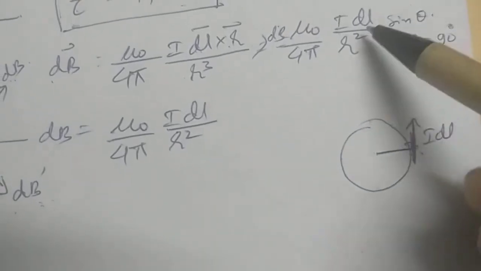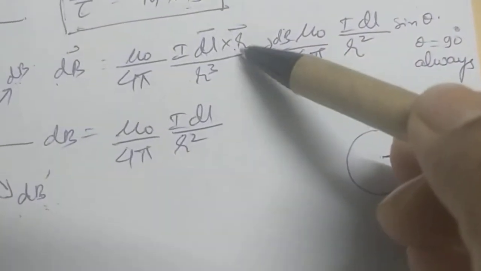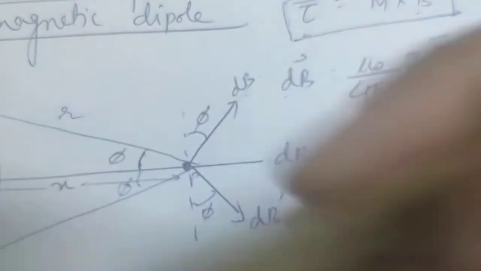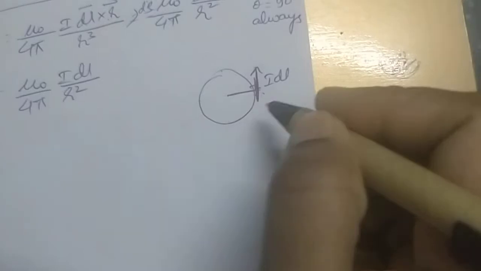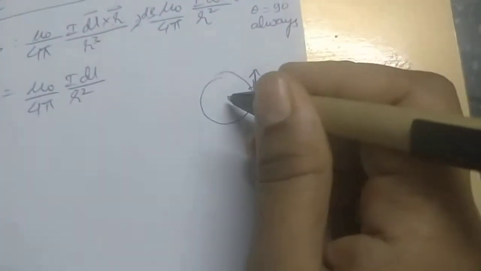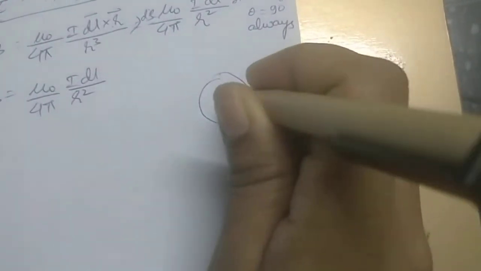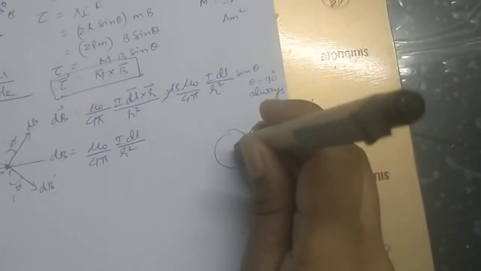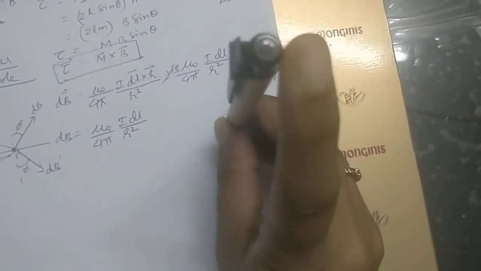Now this theta is the angle between dl and r. If this is the plane, the circular loop which lies in the plane of the paper, this is the center. At the center there is an axis, and on the axis at any point you have to find the magnetic field.